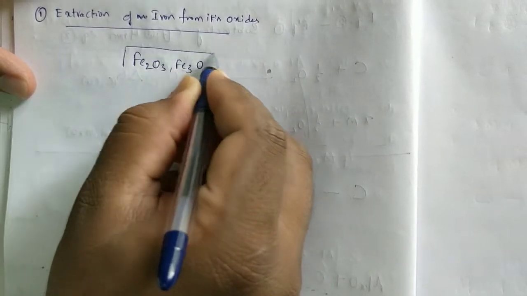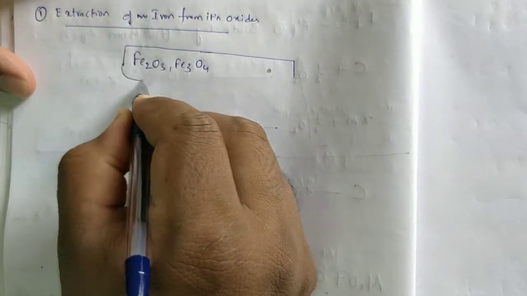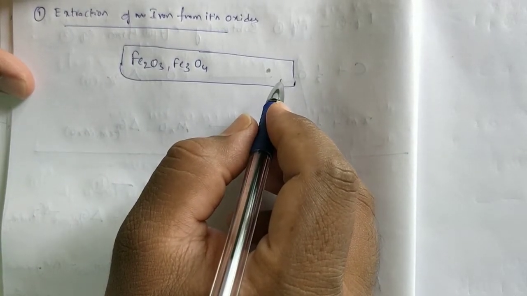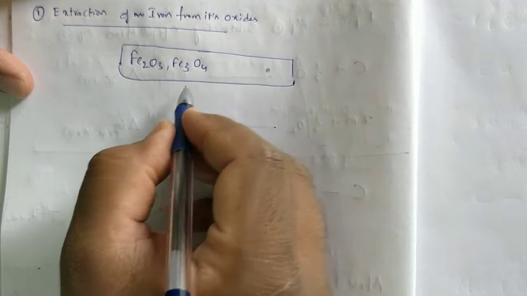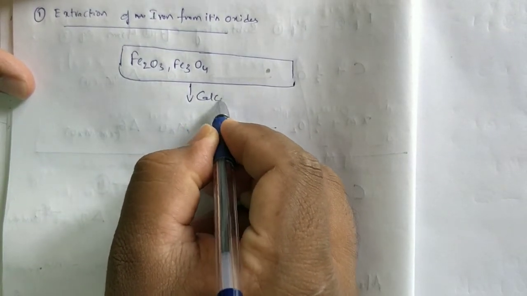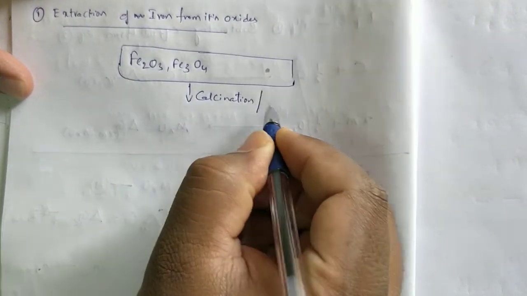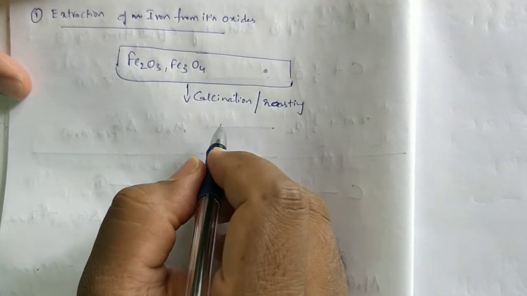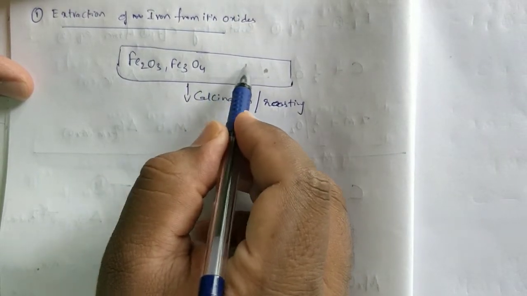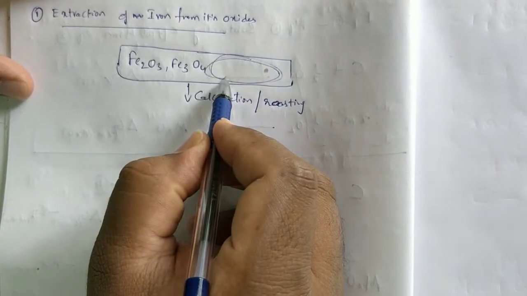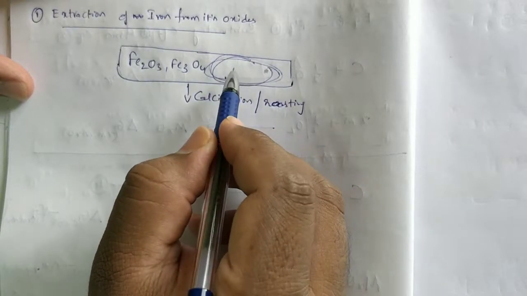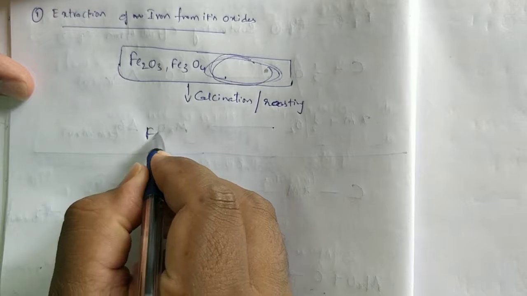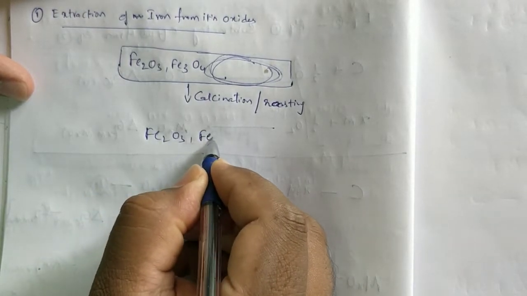This is fully a metallic oxide, iron oxide, and it is subjected to calcination and roasting. These are the two steps involved to convert any water molecules or any other thing present here to oxide, Fe2O3, Fe3O4.